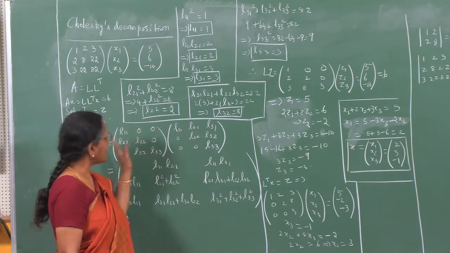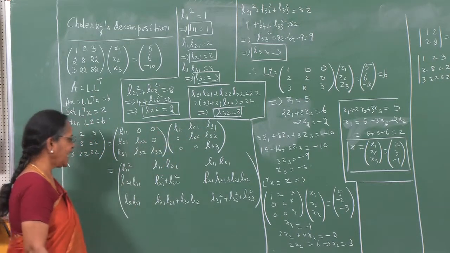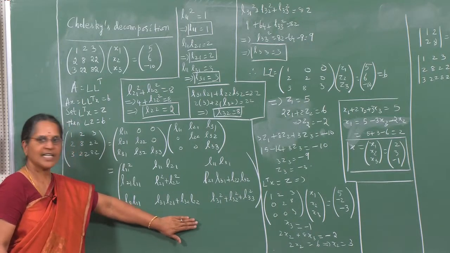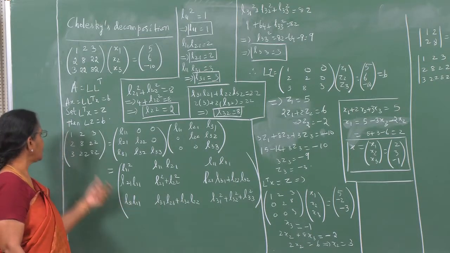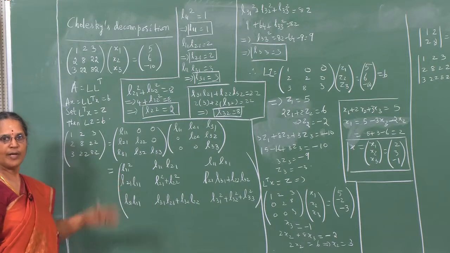second column, etc. You compute the product of the two matrices L and L transpose, and you will observe that the resulting matrix is this, and this has to be equal to the matrix A, and therefore, the corresponding entries are equal.